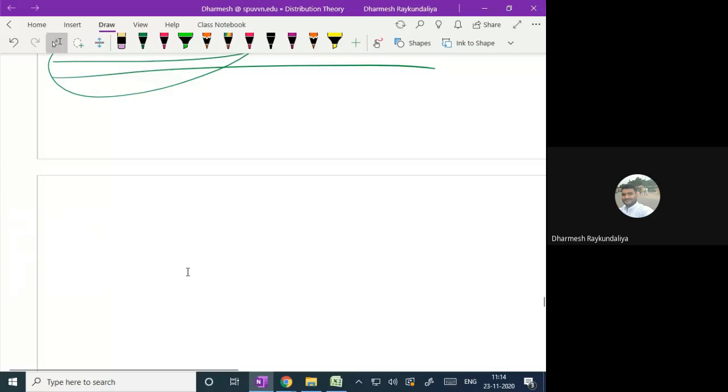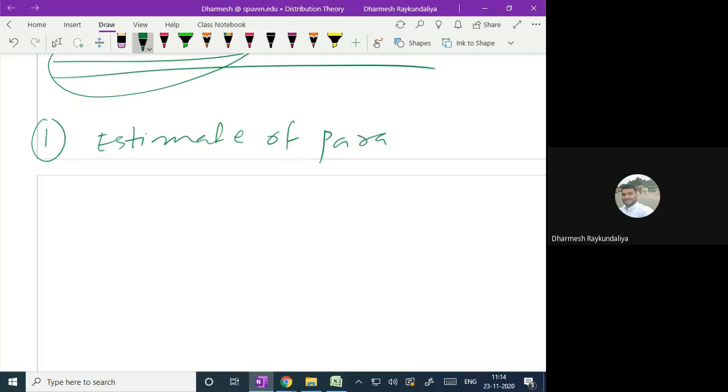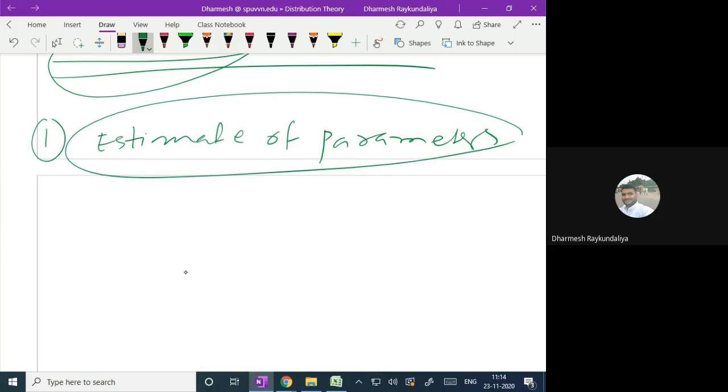So based on that, you first have to identify the distribution, and after identifying, you have to calculate the estimates of the parameters of the distribution. How do we estimate the parameters? What different methods are available? You may have studied the method of moments, method of maximum likelihood, least squares estimators, and others.